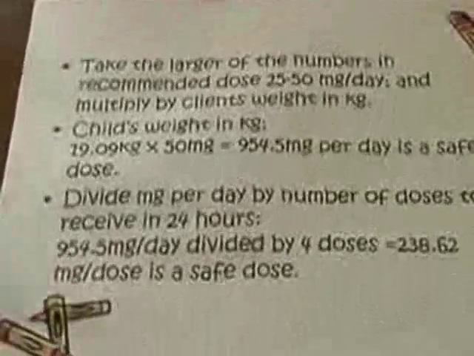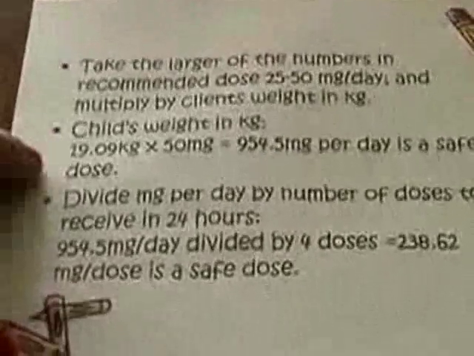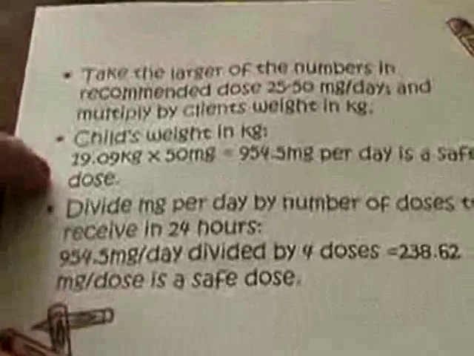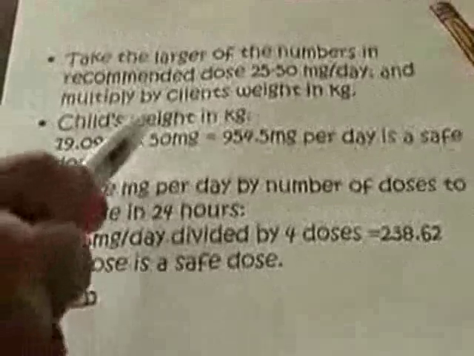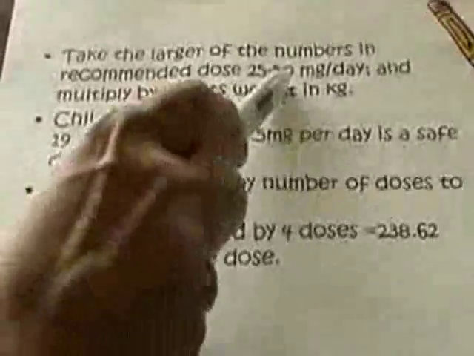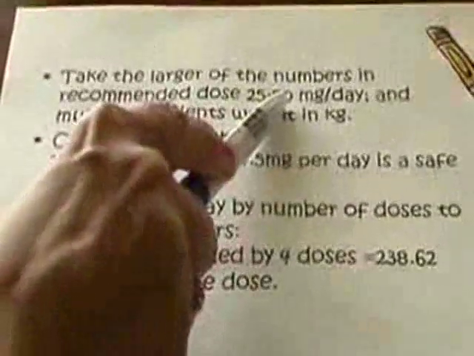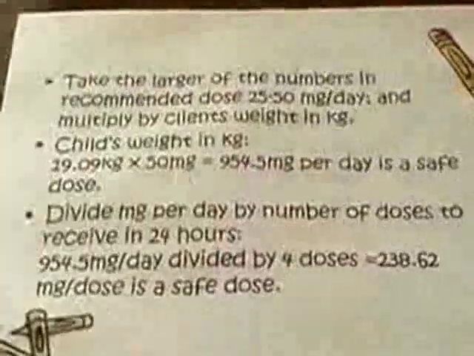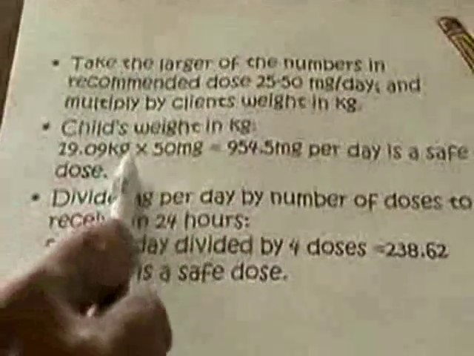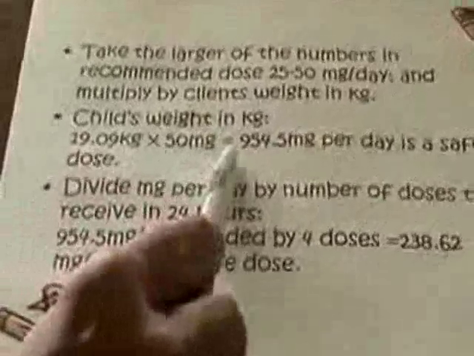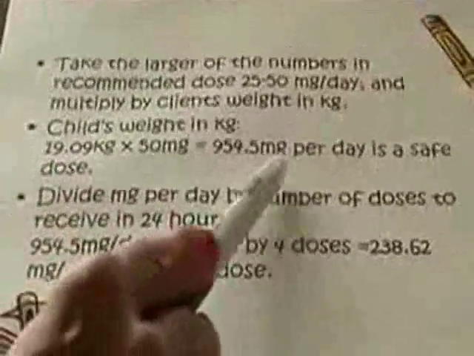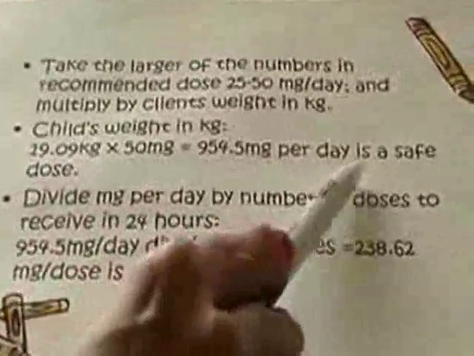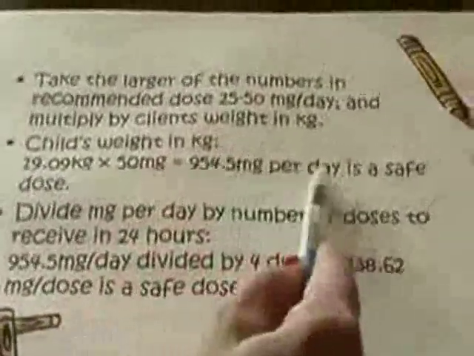So in this case, the child's weight in kilograms is 19.09. We're going to say 19.09 times 50 milligrams, the larger number that we found of our recommended dose in our drug book. 19.09 kilograms times 50 milligrams equals 954.5 milligrams per day.